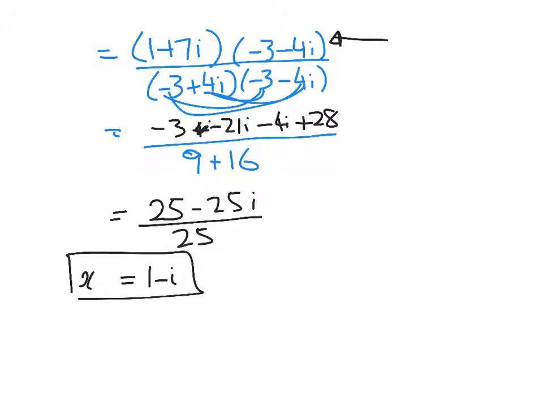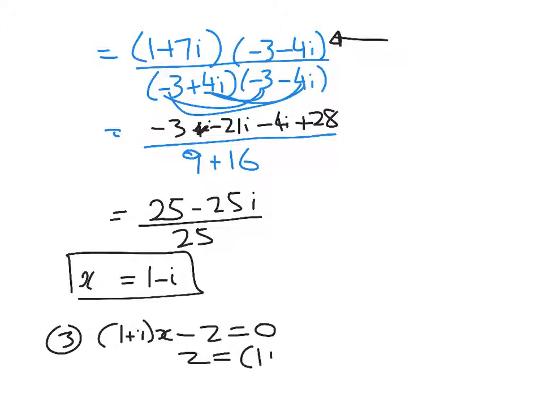So that gives me x. Now what can I do next to get z? Well, I can go back to, where am I going back to? Equation 3, which was this, 1 plus i x minus z equals 0. So we've got z is equal to 1 plus i times 1 minus i, which is equal to 2.